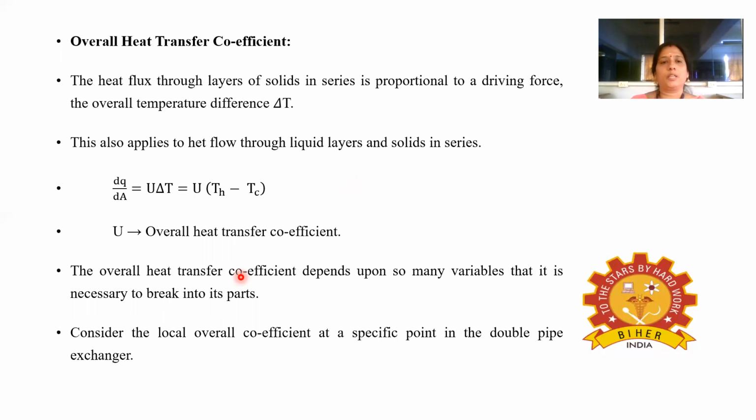Next is the derivation of the overall heat transfer coefficient. The heat transfer coefficient plays an important role in the rate of heat transfer in a system. For solid material we normally use thermal conductivity. Since here heat is transferred between two liquids, we consider the heat transfer coefficients of the liquids, with the tube wall present in between.